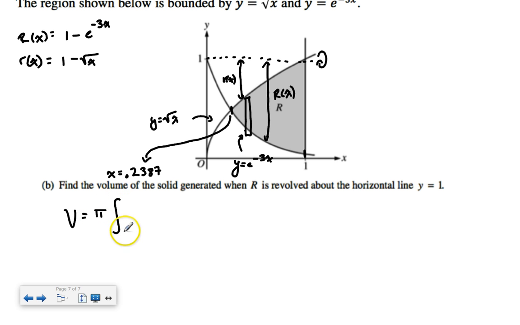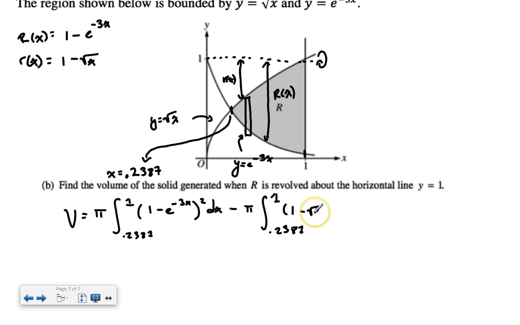times the integral from 0.2387 to 1 of the outer radius, which is 1 minus e to the negative 3x squared dx, minus the integral, or pi times the integral from 0.2387 to 1 of the inner radius, which is 1 minus the square root of x squared dx.